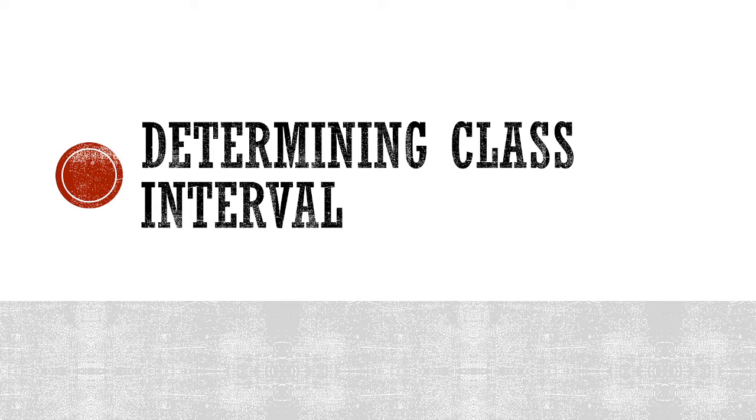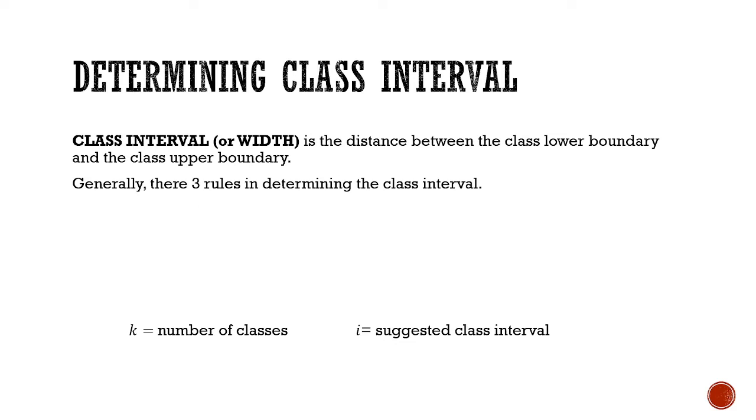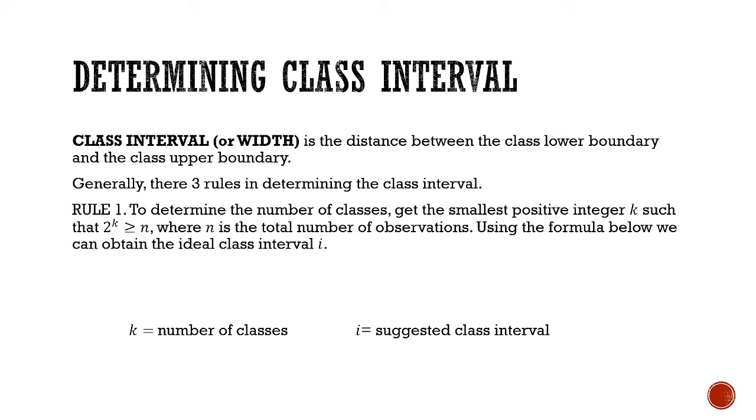So in determining class interval, we need to accomplish what is the width of our data. This is useful for interval and ratio data. By class interval or width, it is the distance between the lower class boundary and the upper class boundary.